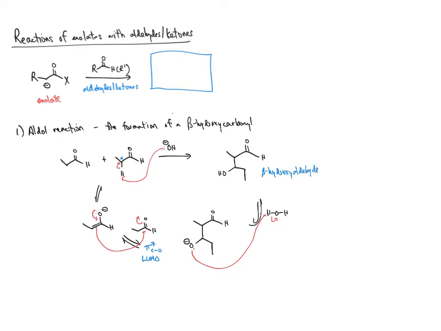Right, so the beta-hydroxy carbonyl in this case is the beta-hydroxy aldehyde. And so we have alpha and beta positions from that aldehyde. And so at the beta position, we have a hydroxy group. And so this is going to be the product of an aldol reaction.